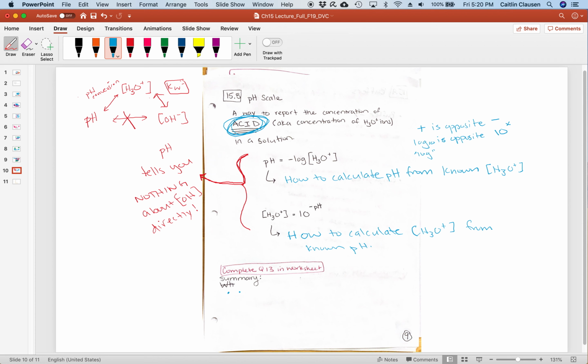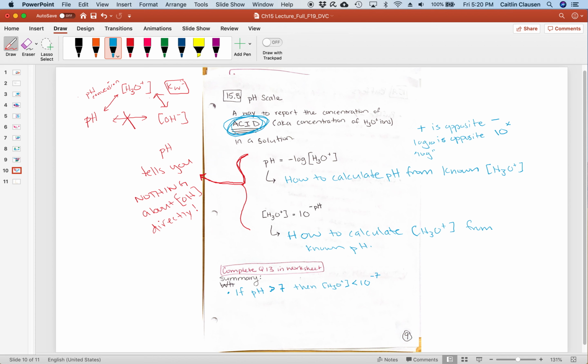Hopefully in your calculations, you'd see that if the pH is greater than 7, then that meant that the concentration of the hydronium is going to get a little weird, less than 10 to the minus 7.